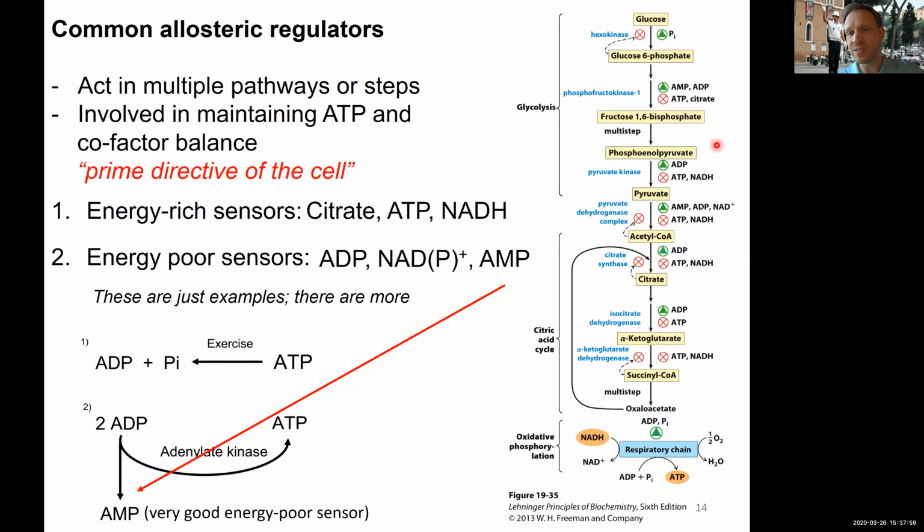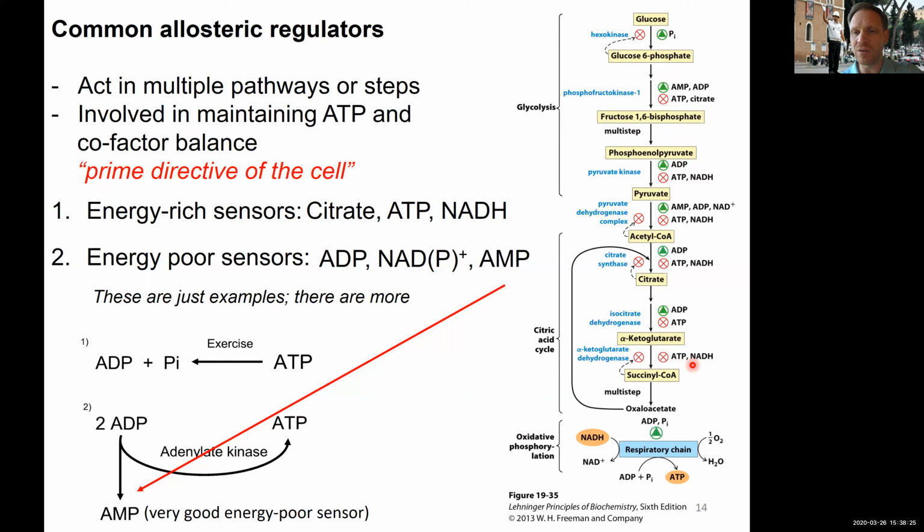But you can see that all these energy sensors, in fact, are allosteric regulators for all these different reactions that we already had discussed. It gives you an idea of how dynamic these regulations are and at how many steps we're actually applying these energy sensors as regulators, right? It's extremely complex and extremely dynamic. So we'll only look at a few examples to try and highlight for you how the concepts of these regulatory mechanisms actually work.